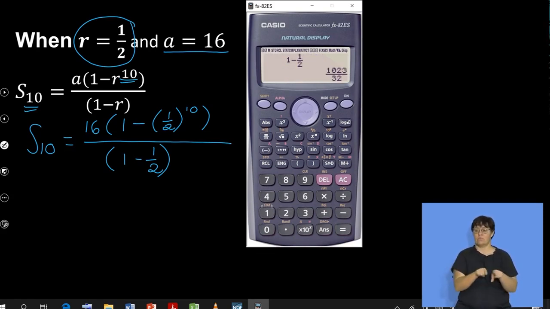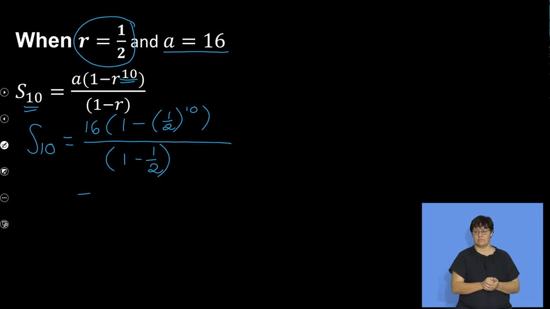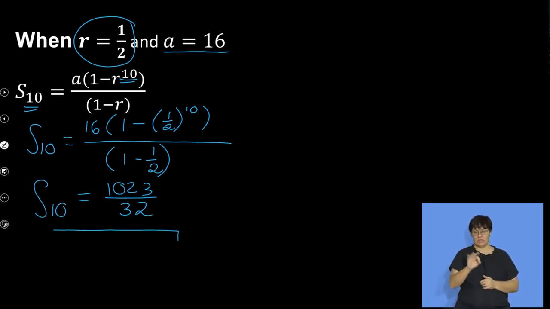So this sum is equal to 1023 over 32. So the sum of these 10 terms is equal to 1023 over 32.